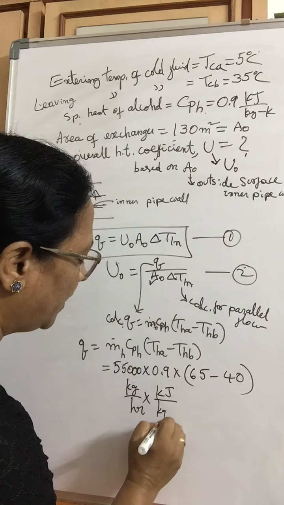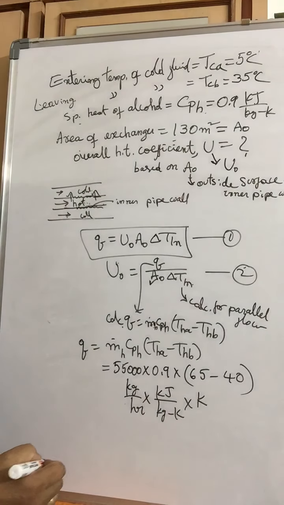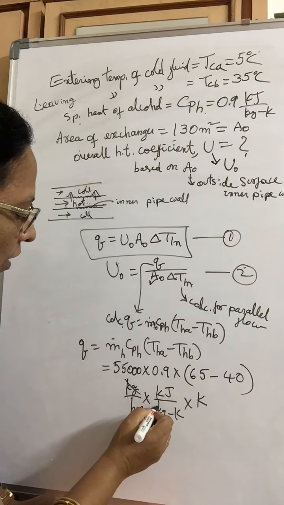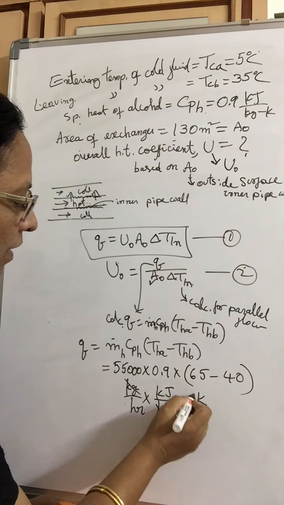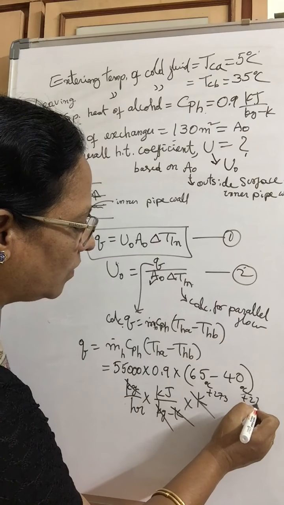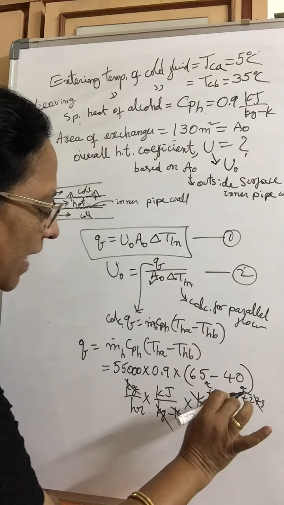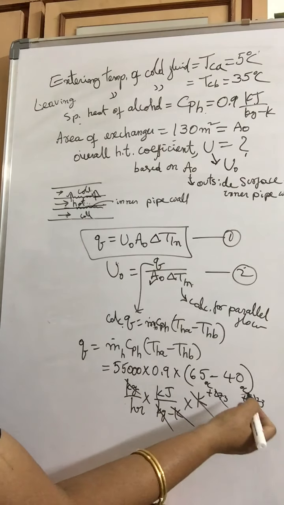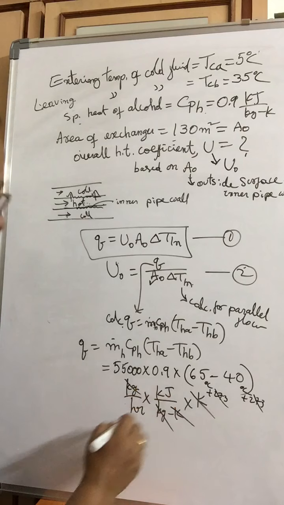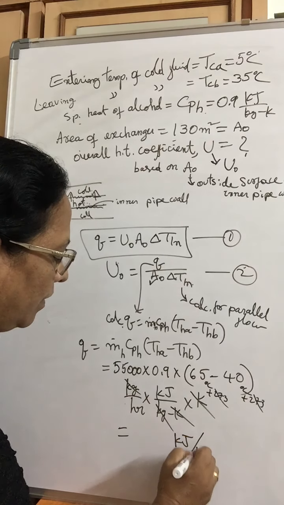Kilojoules per kg per Kelvin. And this is Kelvin. So kg, kg. Kelvin, Kelvin. This is centigrade, I already explained to you. This is centigrade, this is centigrade. But plus 273 you are adding. Here also 273. Both, because this minus plus both get cancelled. So centigrade or Kelvin both are the same value. So now you will have so many kilojoules per hour.